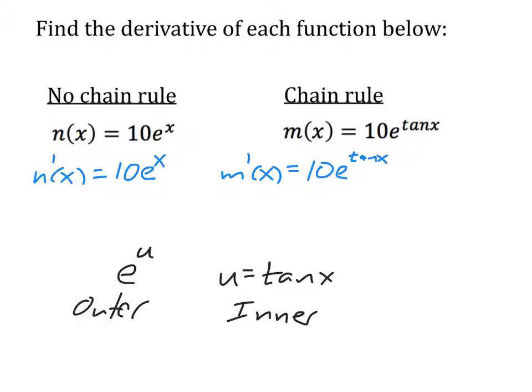And then I'm going to multiply that by the derivative of the inner function, which is what goes in for u, if we're thinking of it in terms of u substitution, or in other words, where I used to just have an x, now I have a tangent of x. So what's the derivative of tangent of x? Secant squared x. So I go secant squared x, and there I have my answer for that one.